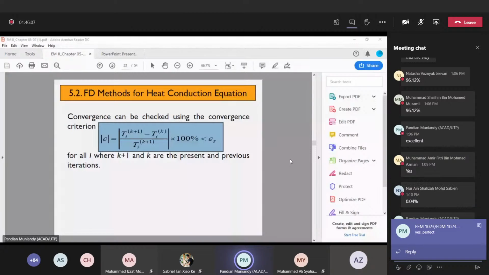Yes, perfect. Anyone else? One verify: 0.04. 0.04%. So anyone else? Muhammad Ali? Can you confirm this, class?